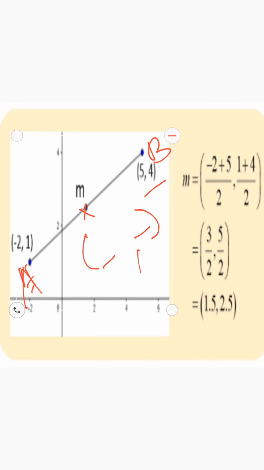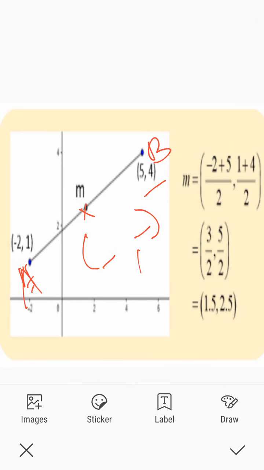What is x1? x1 is minus 2, x2 is 5. So x1 plus x2 by 2 is minus 2 plus 5 by 2, and y1 plus y2 by 2 is 1 plus 4 by 2.